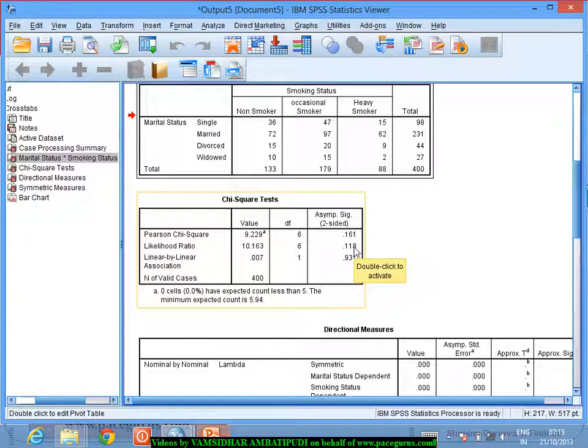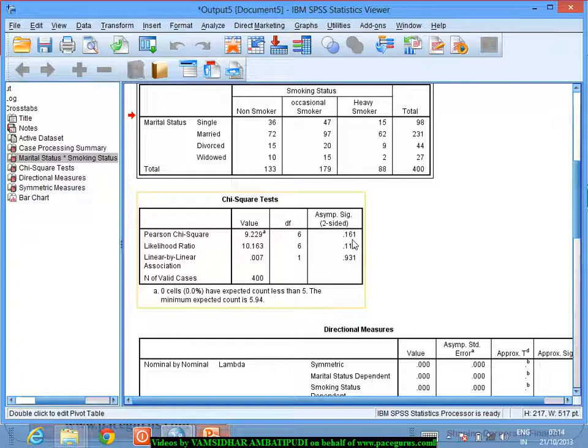So wherever we see that the significance value is greater than 0.05, I cannot say that the differences in the proportions are significant. So I can make a very broad-level assumption saying there is a uniformity between the two variables itself. There is no significant relationship between the two variables.